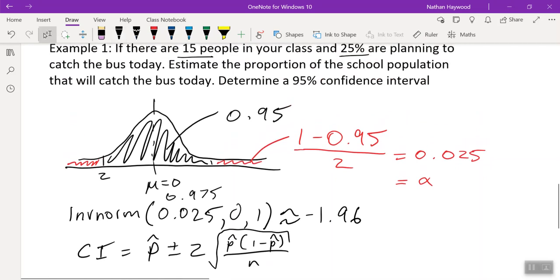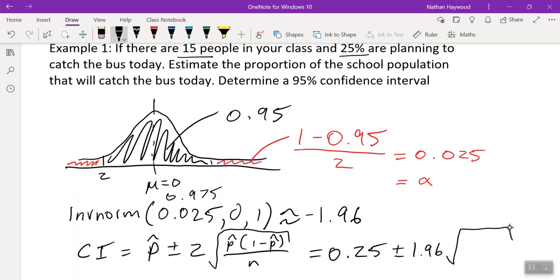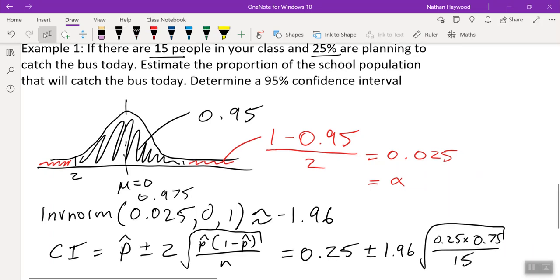And then pretty much the last step is just subbing everything in. So the sample proportion is 25%, so 0.25 plus or minus the z-score we just figured out, and the square root of p hat times 1 minus p hat divided by n, how many people did I survey? 15 of you guys.